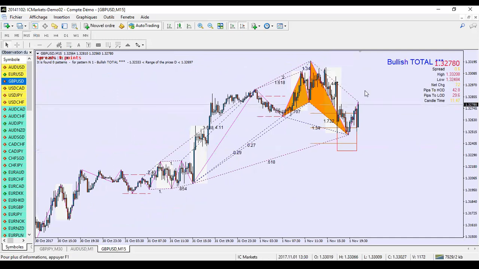Okay. Yes, but you can see that my pattern tells me there are 3 levels to watch. So that first level, that second one, or that one. That's a whole zone to look for. And the zone that got really rejected is that one.